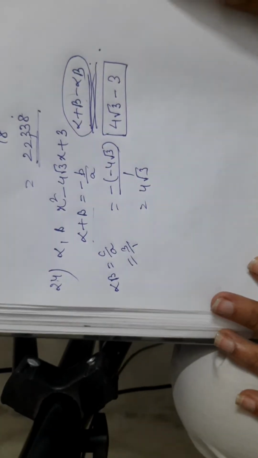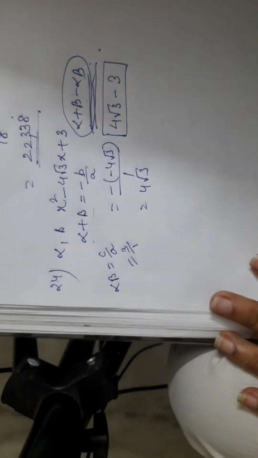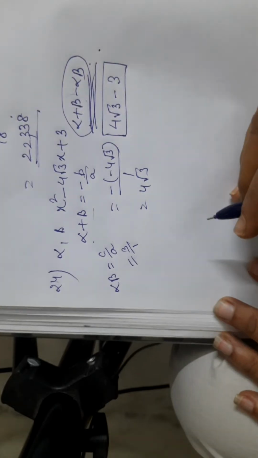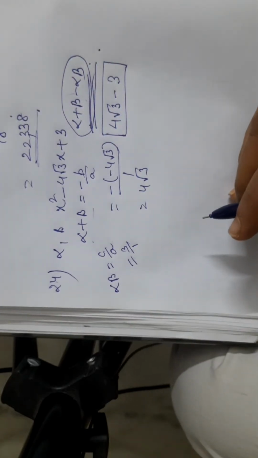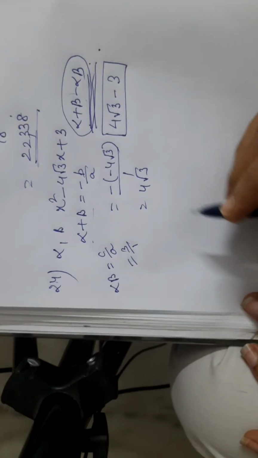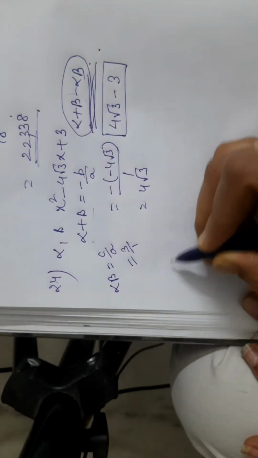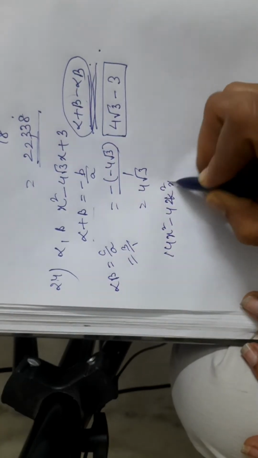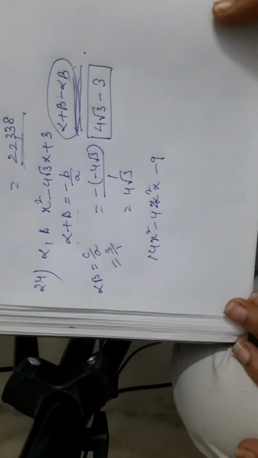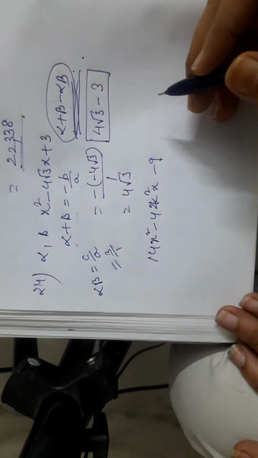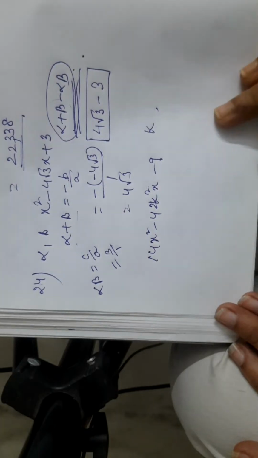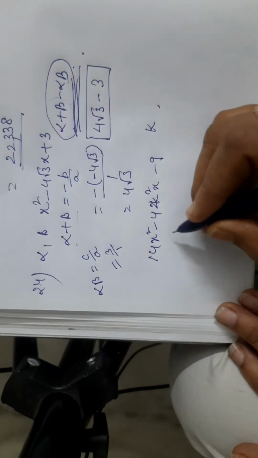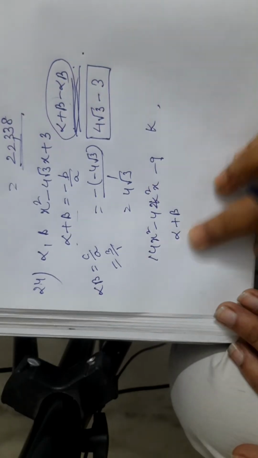Now the next question. Here we have the 25th question: one of the zeros of the quadratic polynomial is negative of the other. The equation is given: 14x square minus 42 k square x minus 9. The condition is that one of the zeros is negative of the other; find k. Whenever they give a condition like one of the zeros is opposite to the other, always start the solution with alpha plus beta, the sum.